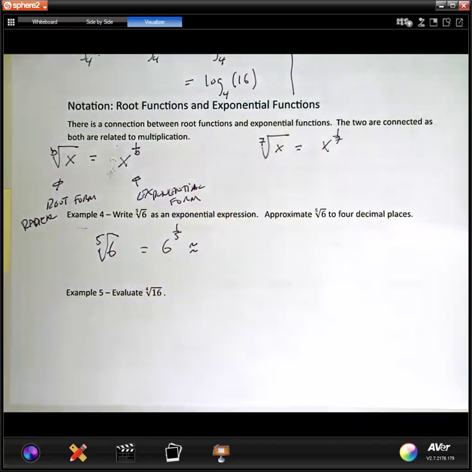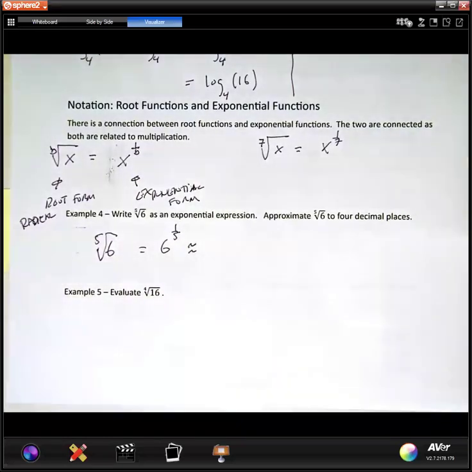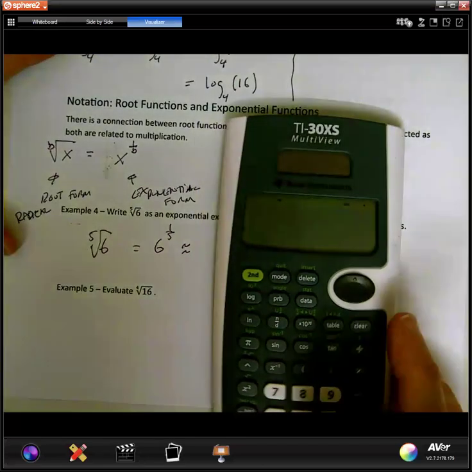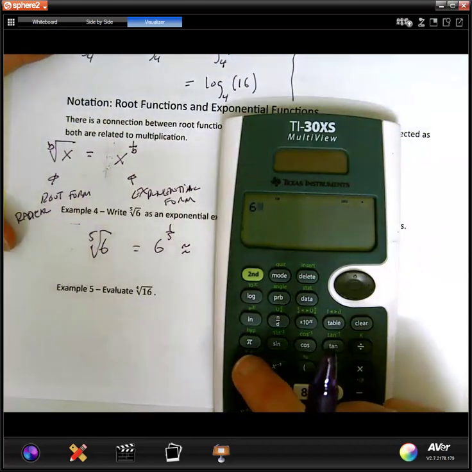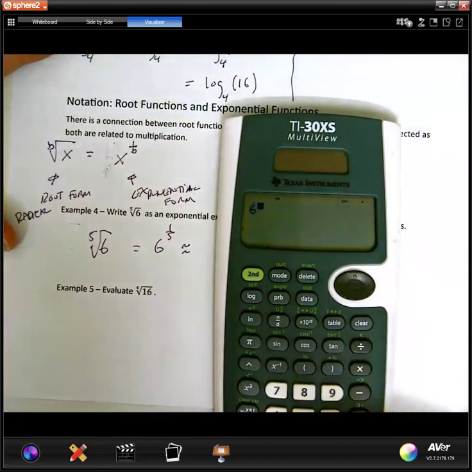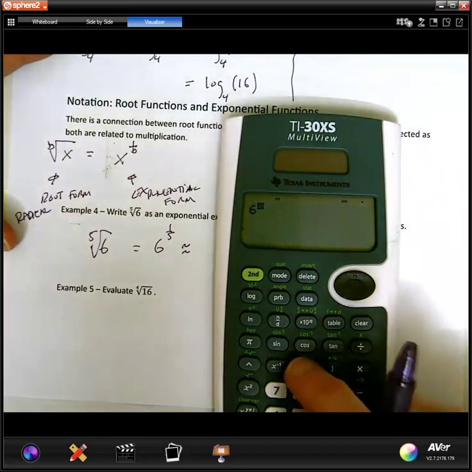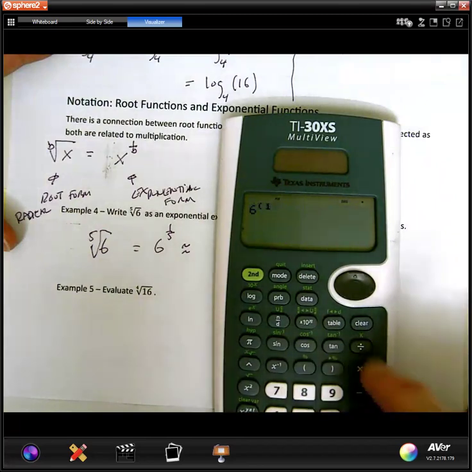And then if I really wanted to know what that is approximately, I can go to my calculator. Type here 6. Then I'm going to use the caret key here to raise to a power. And afterwards, I'm going to put parentheses, type 1 divided by 5, close it.